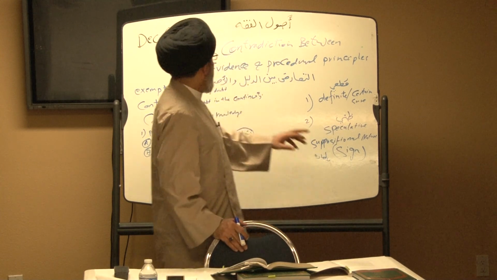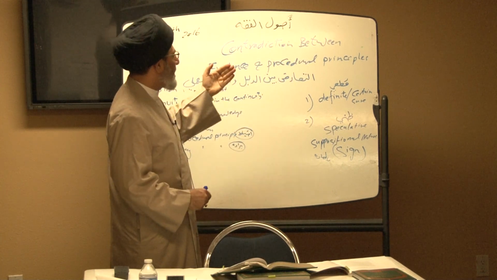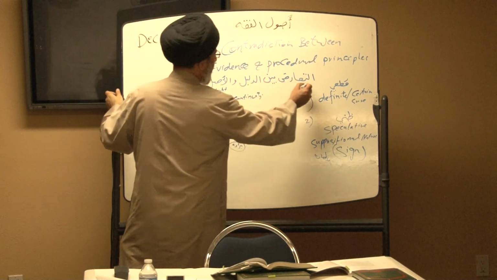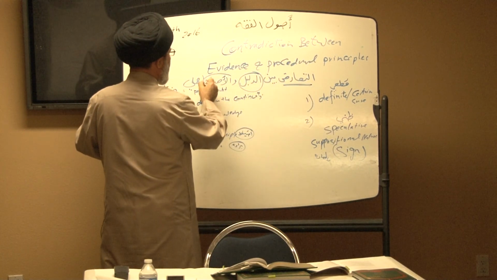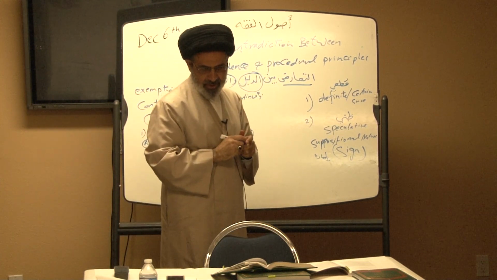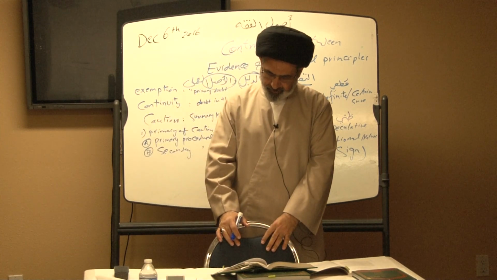Now we come to the contradiction between evidences and procedural principles. We call it التعارض, contradiction between الدليل والأصل العملي, between evidences and procedural principles.